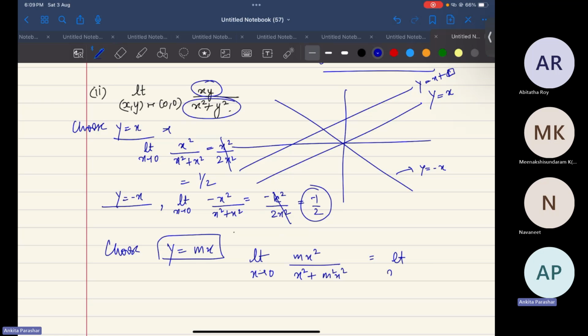You can cancel x square and you will remain with this quantity, which is just a number. Depending on m, the limits are many, infinitely many in fact, but that cannot happen. Therefore, again, the limit does not exist in this case. Do you agree? Yes, ma'am. So this is how you have to very carefully choose the paths and prove that two limits are different, and you are done.